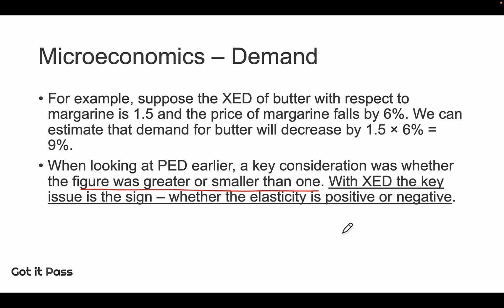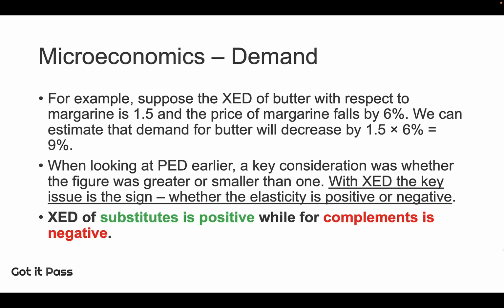But for XED, the key issue is the sign, whether the elasticity is positive or negative. To summarize, if good A and good B are substitutes, the relationship is positive.